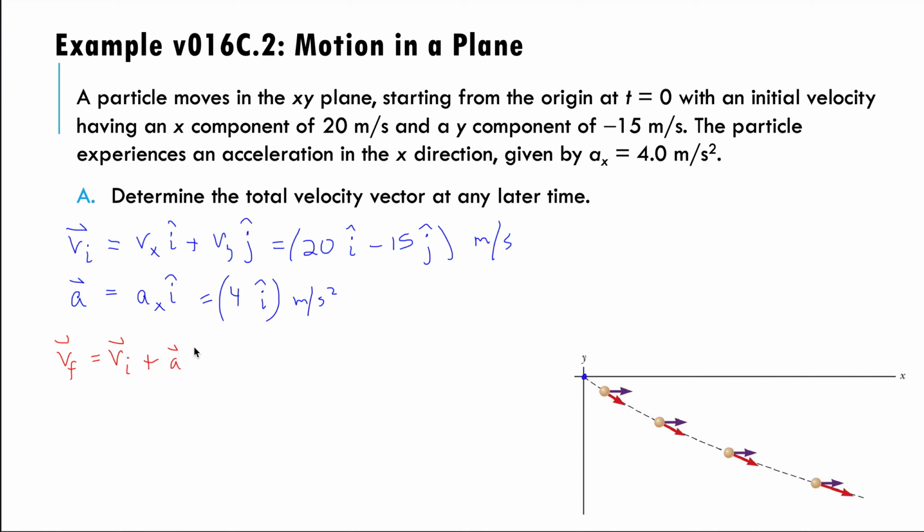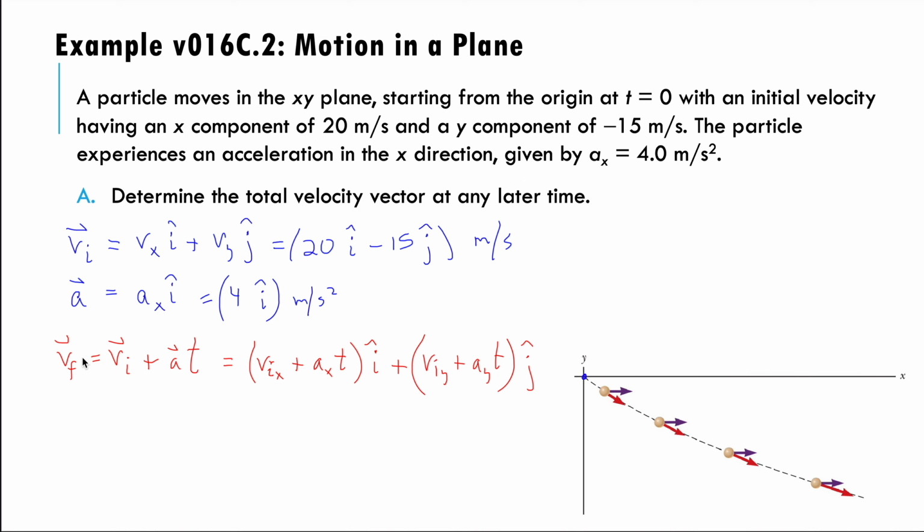We didn't get to practice using this in the lecture video, so that's why we're practicing it now. The way that it works is we can write it in unit vector notation. We can write this as V initial in the x direction plus ax times t, all times i hat, plus all of the same thing in the y direction: V initial y plus ay t, all of this j hat.